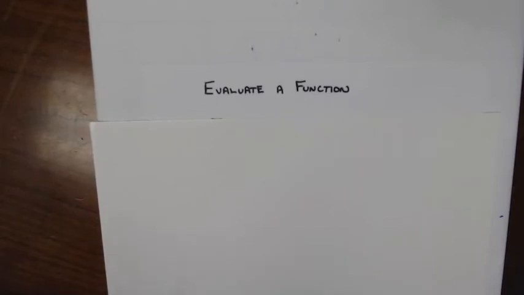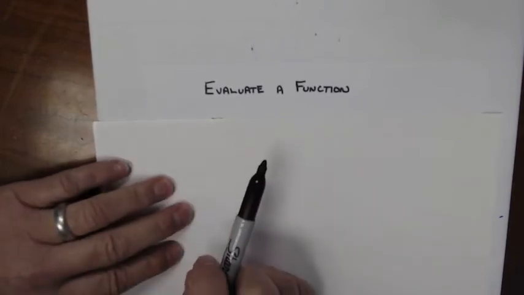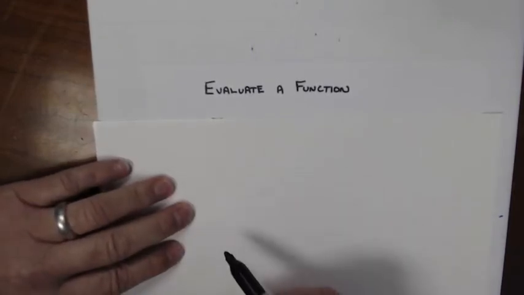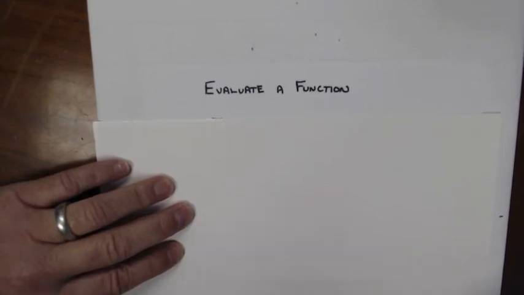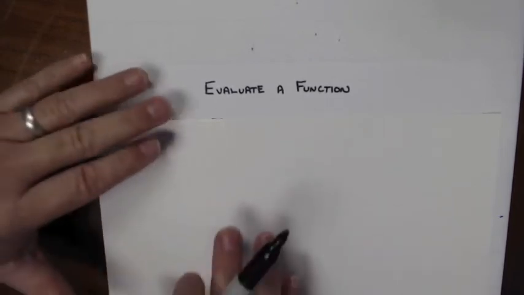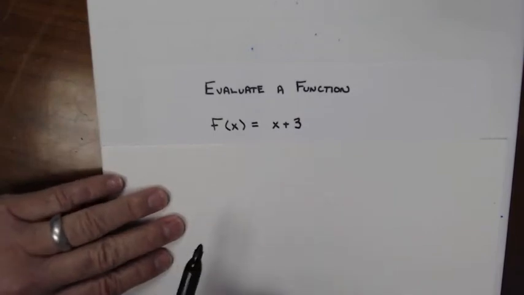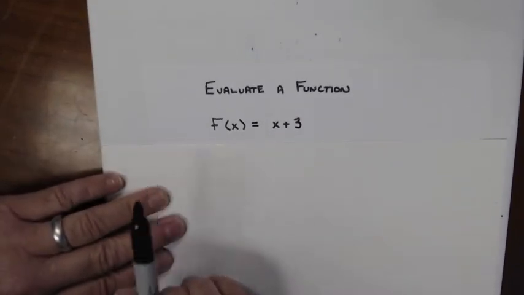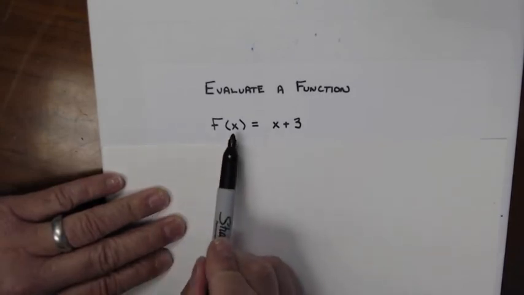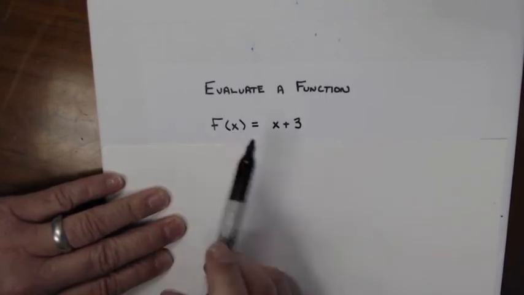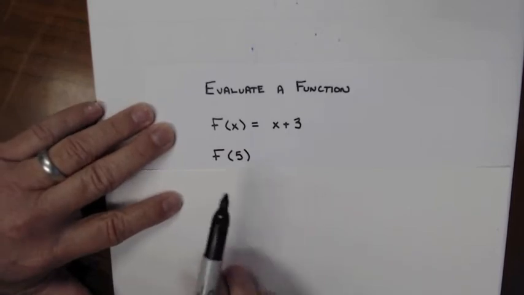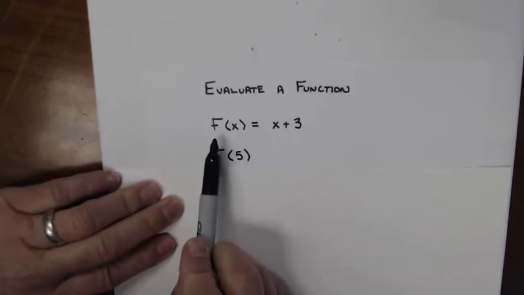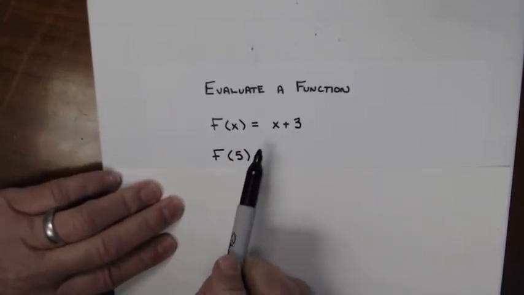The reason you do this is to evaluate this function. You're going to plug numbers into the equation and get another number out, in a sense generating points. So look at this. F of x is equal to x plus 3. What they're going to do is replace the x with a number. For this equation, I'm going to plug 5 into it.